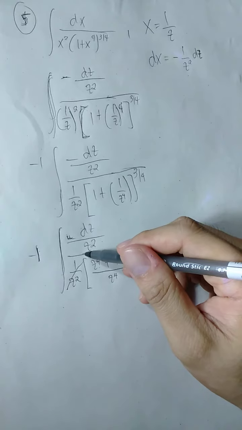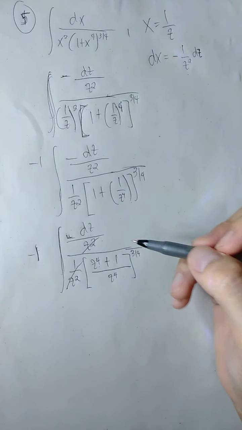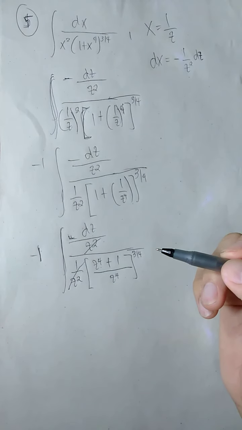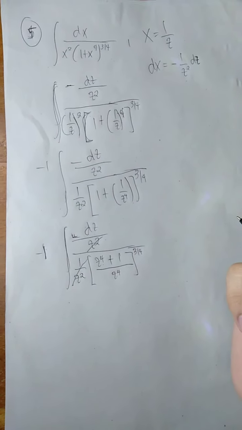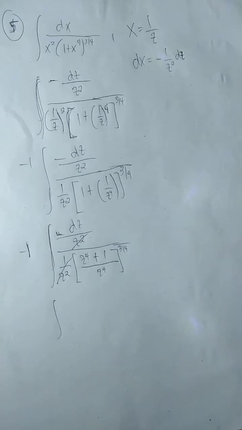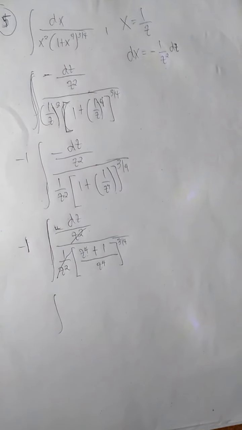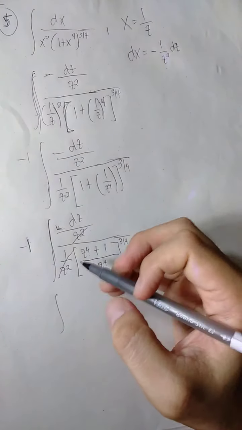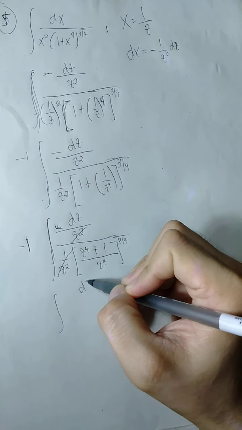So cancel out, 1 half and 1 half. What's left is this, and you can take the reciprocal. So it becomes the integral of dz.